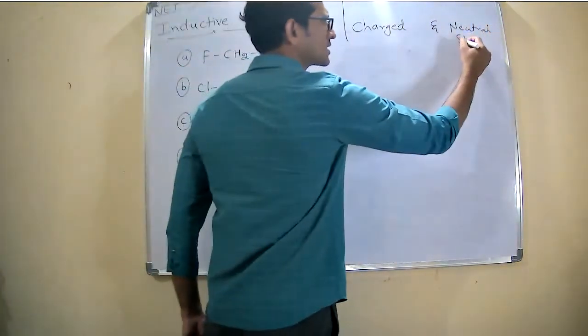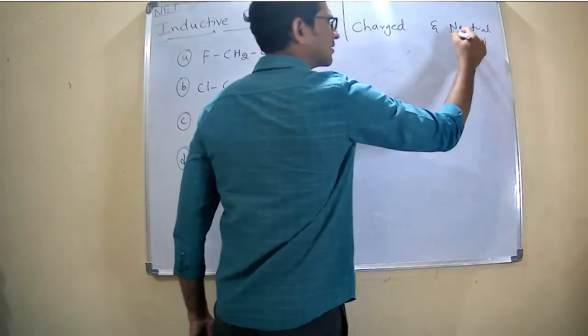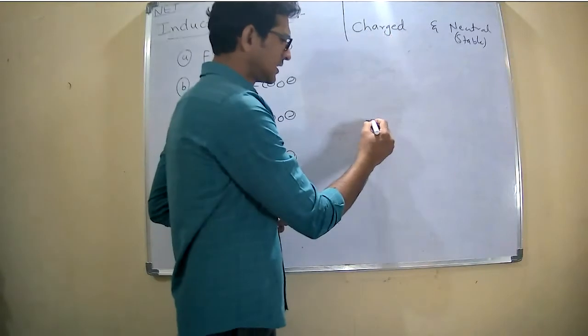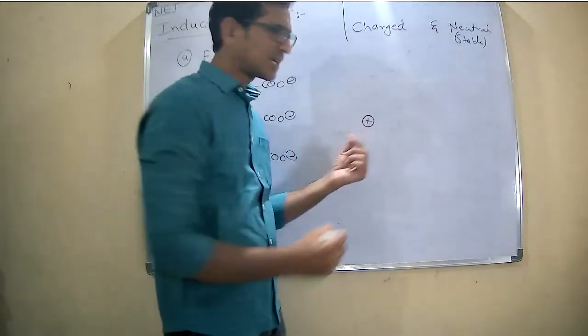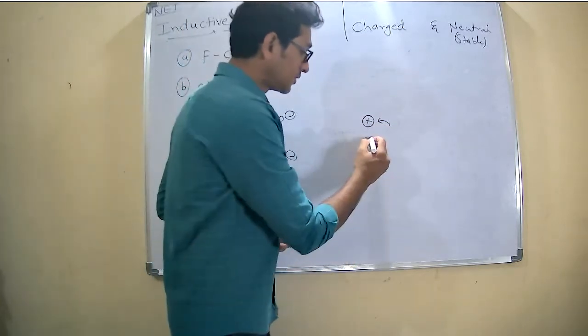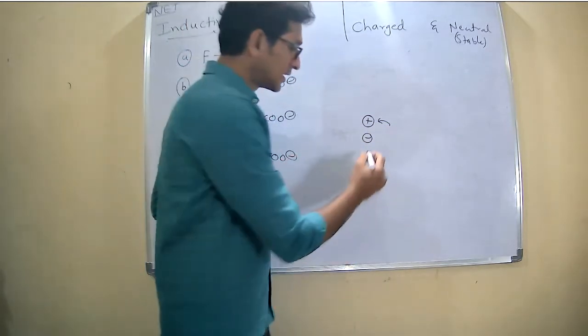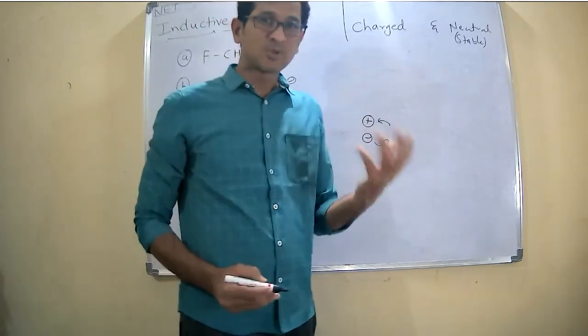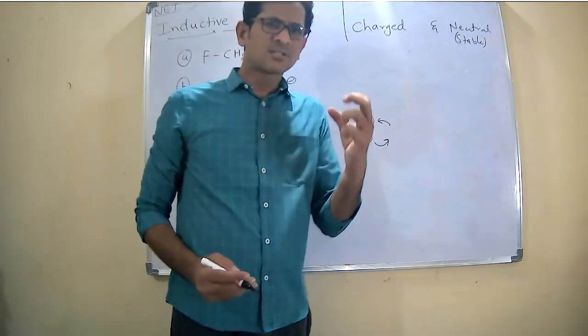The neutral species is always more stable than the charged species. Any species with a positive charge requires electrons to become neutral. Any species with a negative charge is ready to donate electrons to become neutral, because neutral is a stable state.